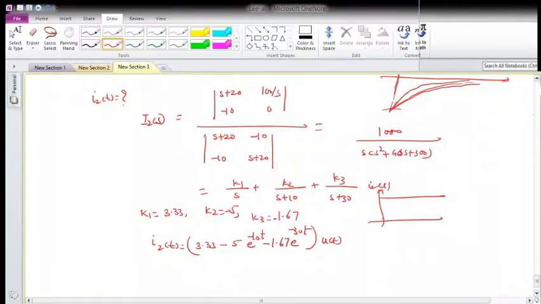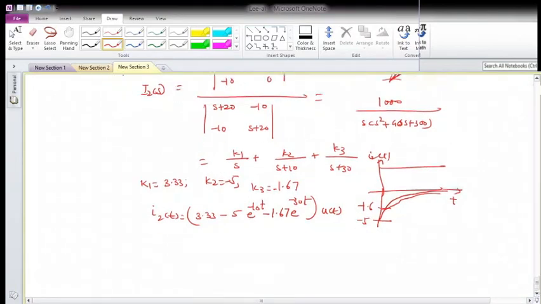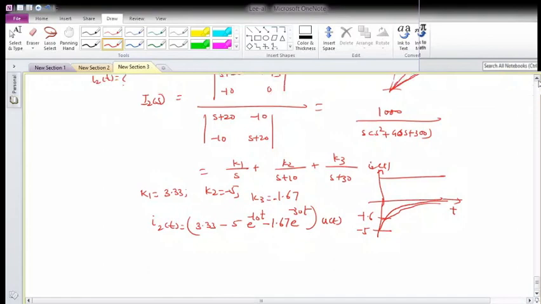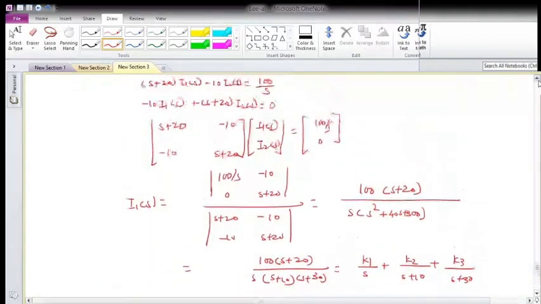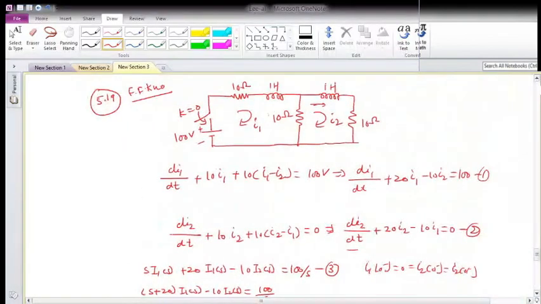Here one will start from -5 and go e^(-10t) like this. The other will start from -1.67, so it will go like this. You subtract them, and whatever the resultant signal, it will be the current flowing in the particular mesh, that is here I1 and I2.